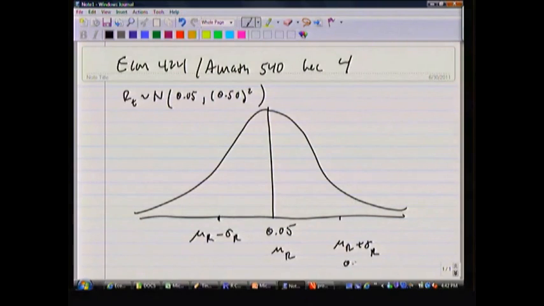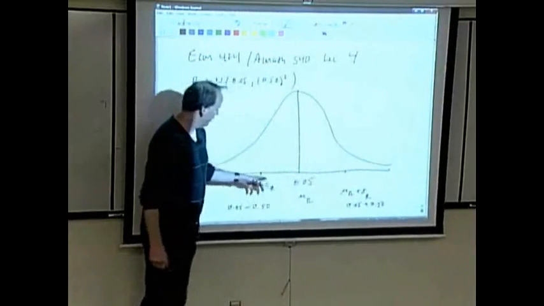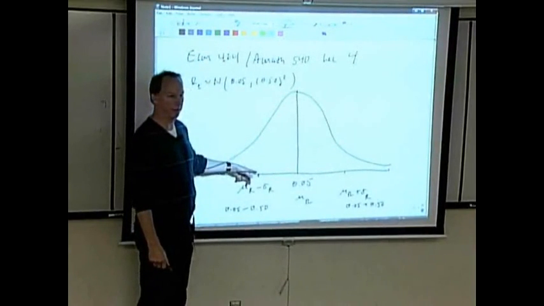And this would be 0.05 plus 0.50, and this would be 0.05 minus 0.50. So if you go mean plus a standard deviation, you're out at 55%. You go to mean minus a standard deviation, you're down to minus 45%.